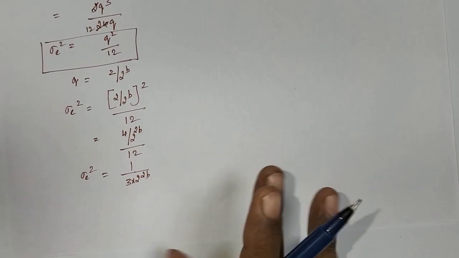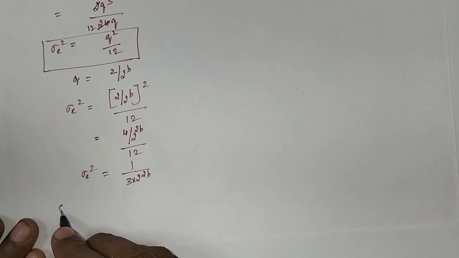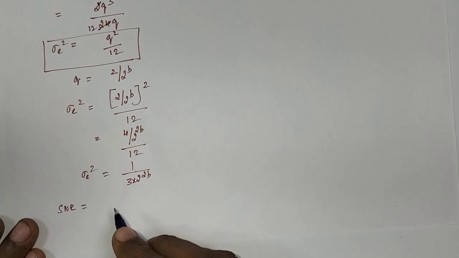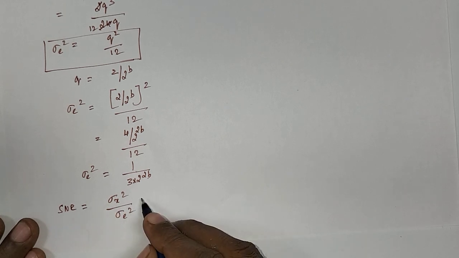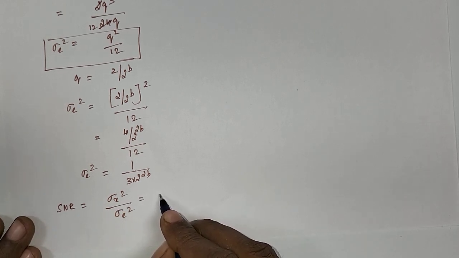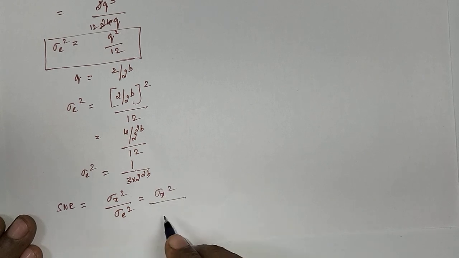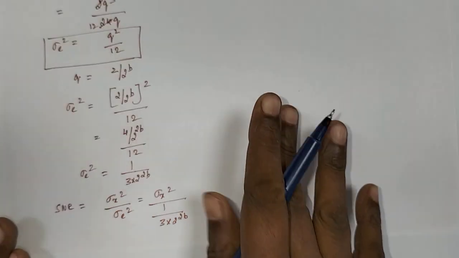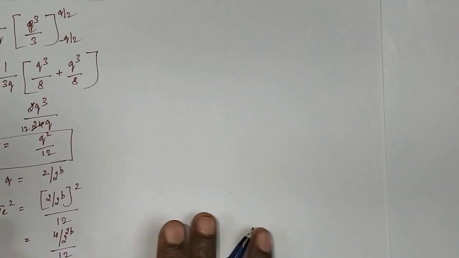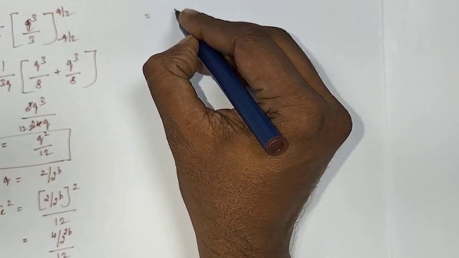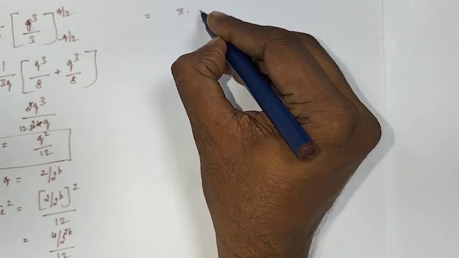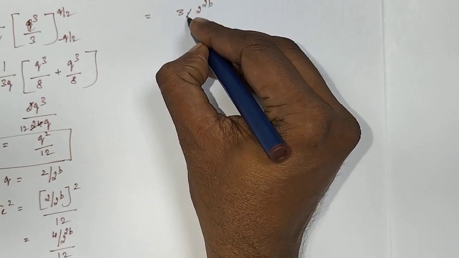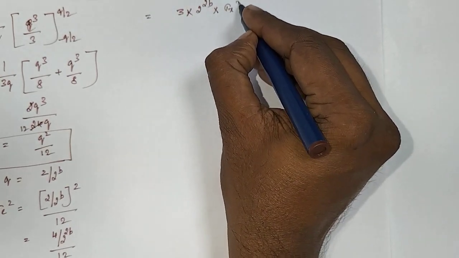Now we have to find the signal to quantization noise ratio. SNR, the signal to quantization noise ratio, is equal to the signal variance divided by the quantization noise variance, which is sigma x square divided by 1 by 3 into 2 power minus 2b, which is equal to 3 into 2 power 2b into sigma x square.